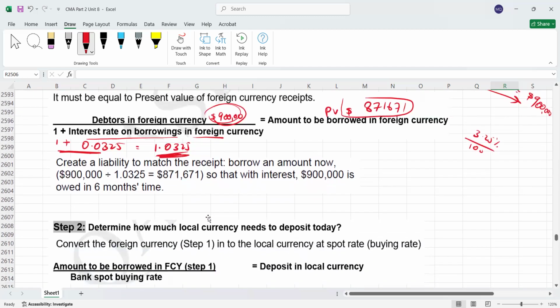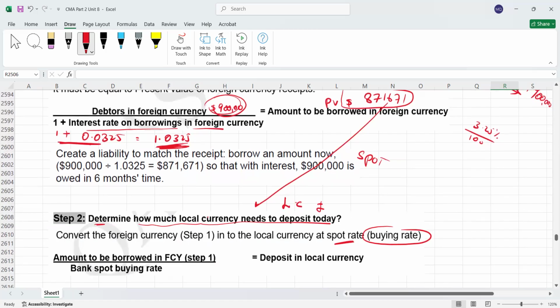Now what? Now guys, step number two is now we need to determine how much local currency we need to deposit today. So simply this present value, we will convert to the local currency, and local currency is pound now. At which rate? At spot rate. And I told you which rate we will use. We will use spot rate, but it should be a bank buying rate. Okay? Bank buying rate. And do you remember, guys?